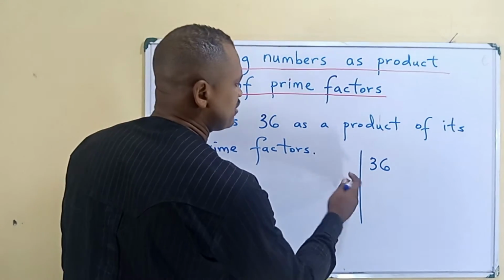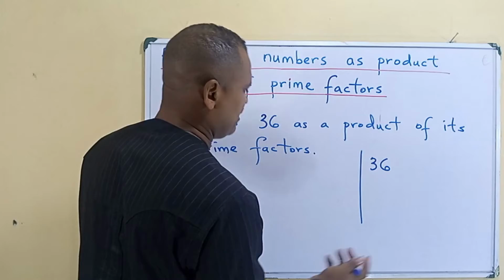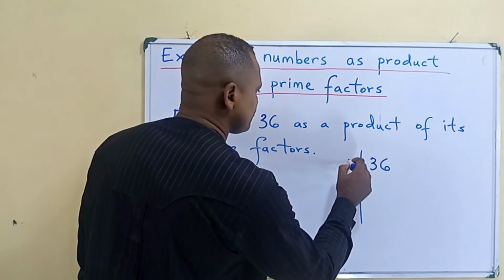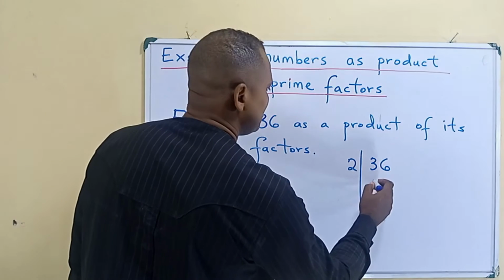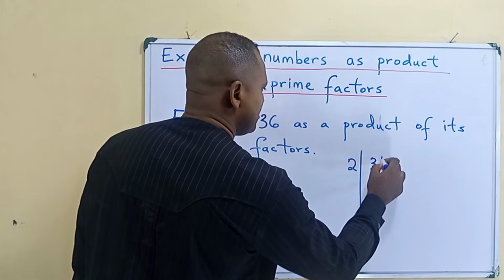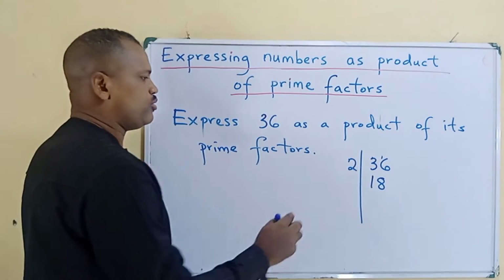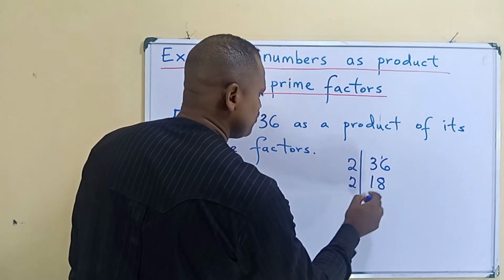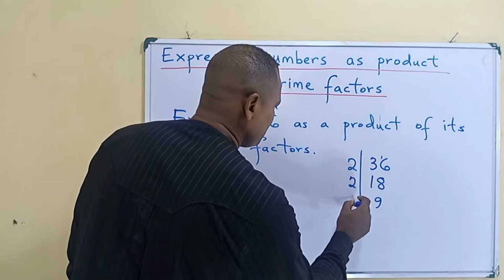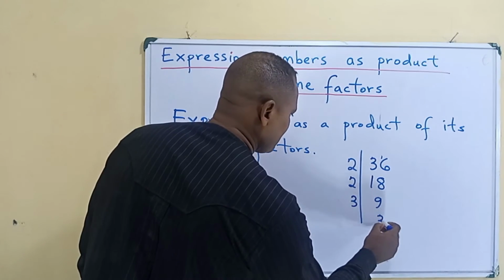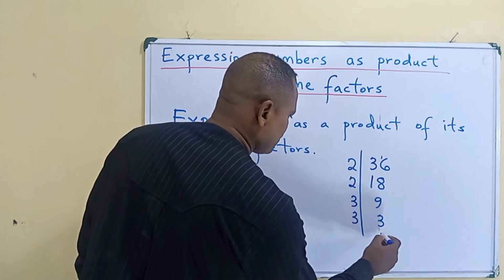So let's start. 2 can go, 3 can go. Yes. So let's start with 2. 2 into 36 is 18. 2 into 18 is 9. 2 cannot go into 9, but 3 can go. 3 into 9 will give us 3. 3 can go. 3 into 3 will give us 1.